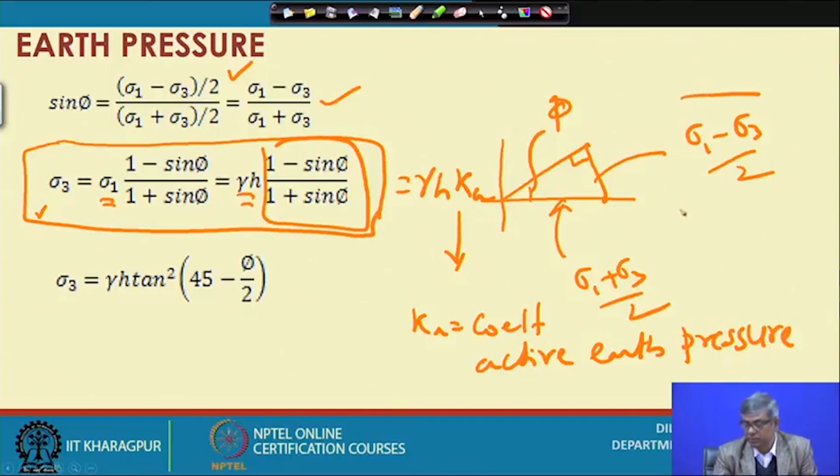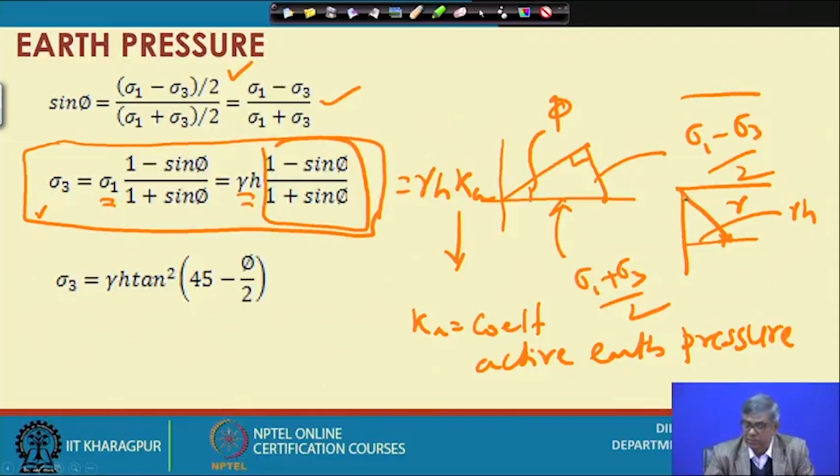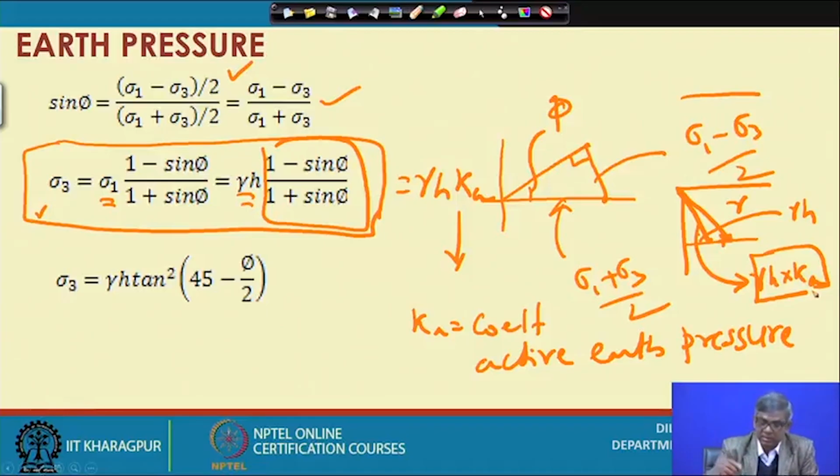So that means if you have this as the wall, and at this point you know the gamma is here, so if I draw the vertical pressure diagram, it will be something like this, gamma times h. And if I want to draw the active earth pressure, it will be something like this. How will it be? This will be gamma times h multiplied by Ka. So if I multiply by Ka, and draw vertical stress at different points and draw a line, that will be the vertical stress diagram.